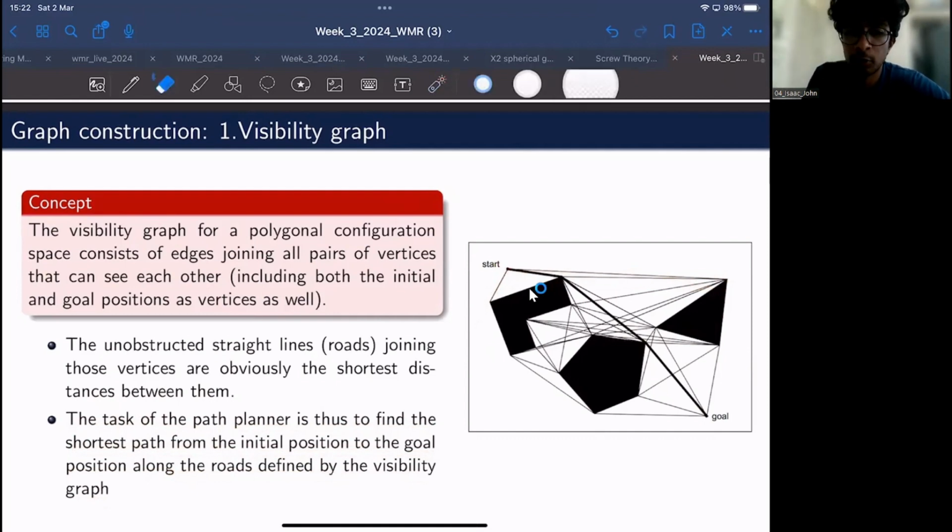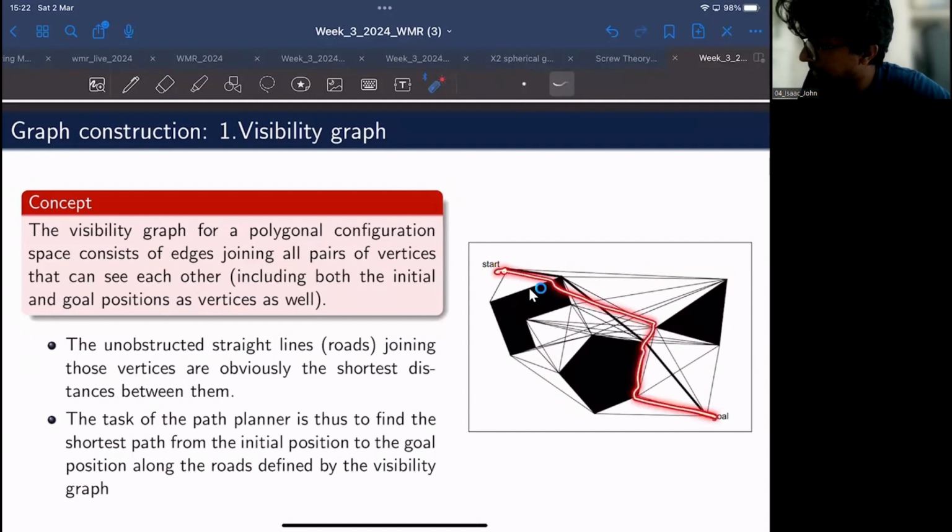Later, when we come to path planning, the path planner will have to select the most appropriate path. Technically, it can reach from the start position taking any roads. It can go like this, it can go like this, it can go however it wants, in a zigzag manner. Depending on the criteria, maybe our criteria could be to take the shortest distance.